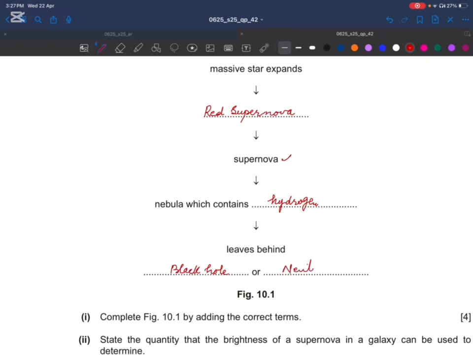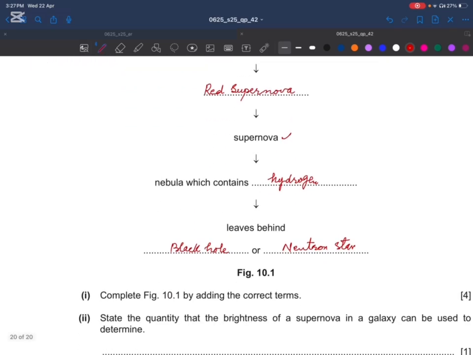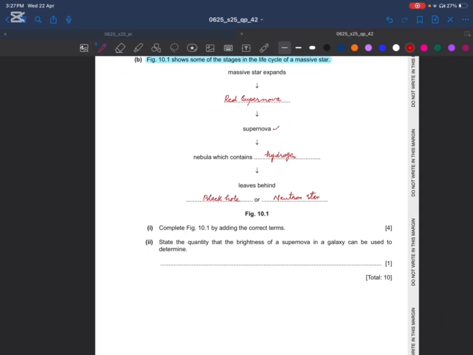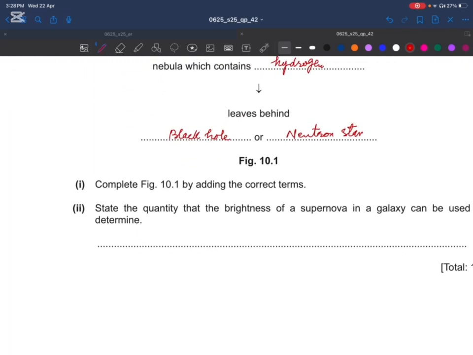You know what a black hole is? The black hole is something like a dead star, and it has the greatest attraction, even absorbing light. So the gravitational field strength is the highest as far as the black hole is concerned.